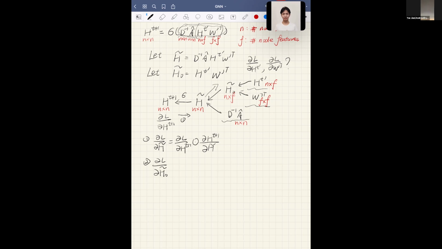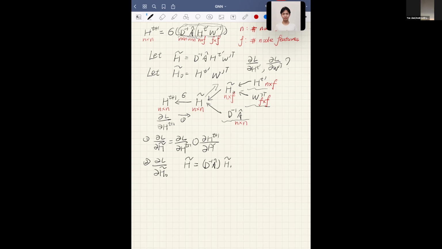So let's see. We need to refer first. Let's write down the equations here. So H tilde is the constant matrix multiplied by H0 tilde.